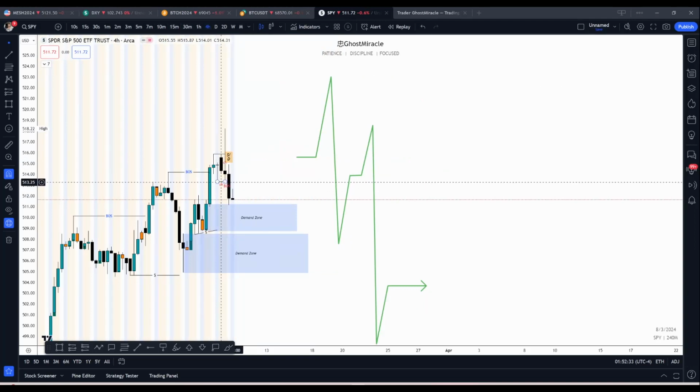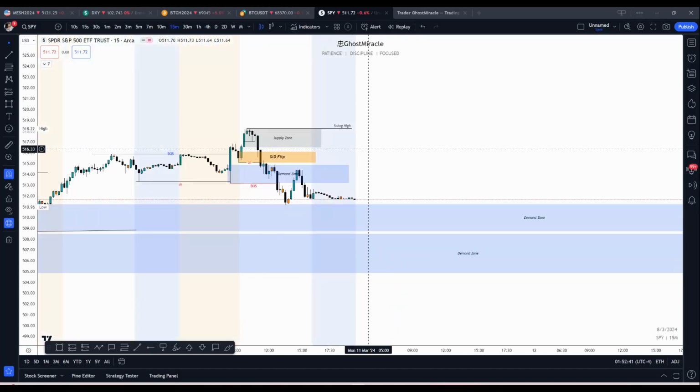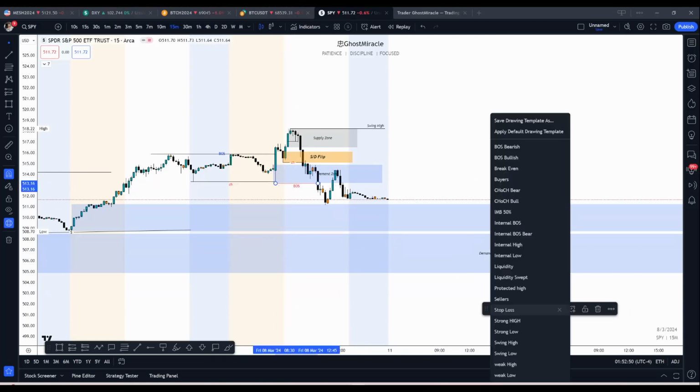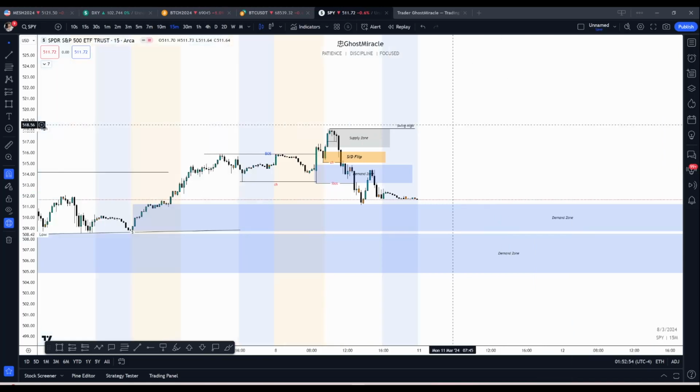So that's a bit what happened. From the 4 hour, choach technically is your M15. Did I mark that right? Yeah. So that 4 hour choach technically is your M15 internal break, if you want to call it that.